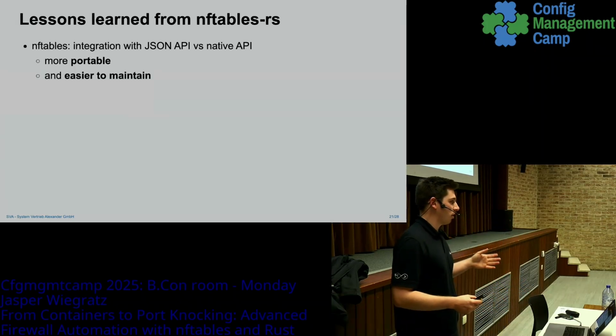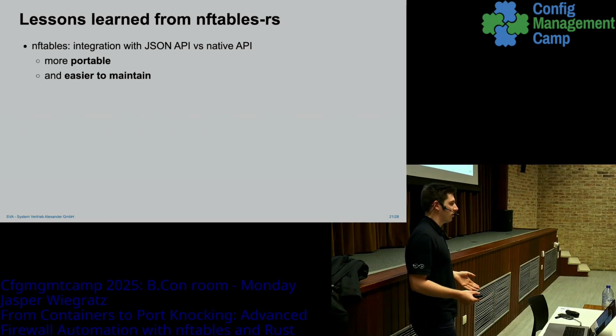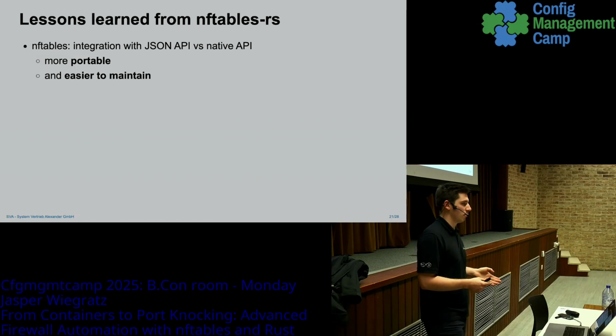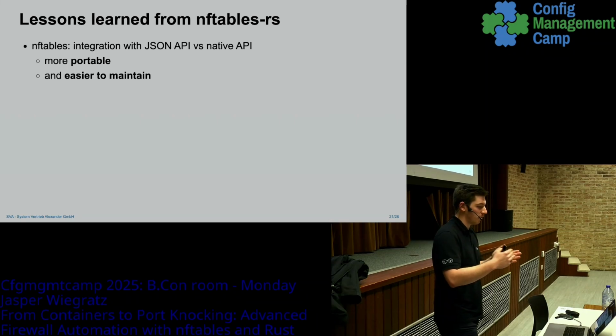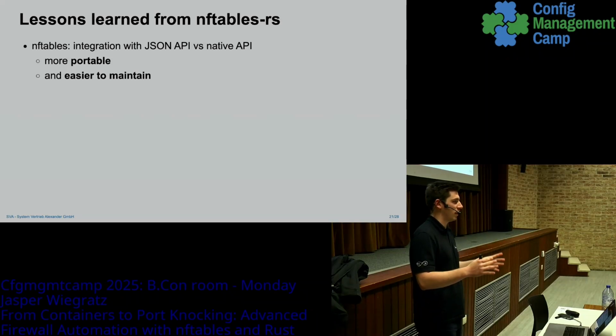So I can really recommend this JSON API over the native API. Before I implemented the JSON API in Rust, I looked at the Mullvad VPN implementation of nftables in Rust. They used bindgen, so they were FFI binding to the native library of nftables, and I think they implemented something like 5 or 10% of nftables.